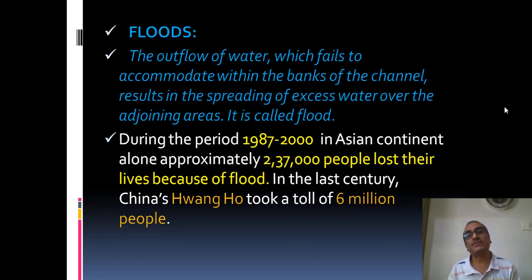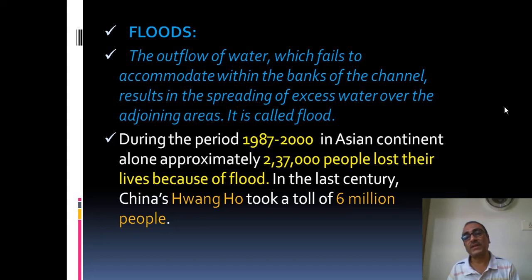Now let us see what the effects of the floods have been in the past, like in the period of 1987 to 2000 in the Asian continent alone. We see that approximately 237,000 people have lost their lives because of the floods, because when it floods, it enters into the villages, into the cities near the water body and submerges everything, and many people get drowned and their properties are destroyed.